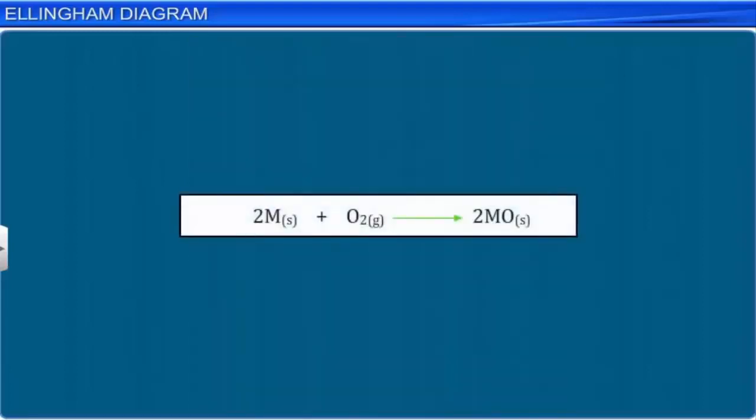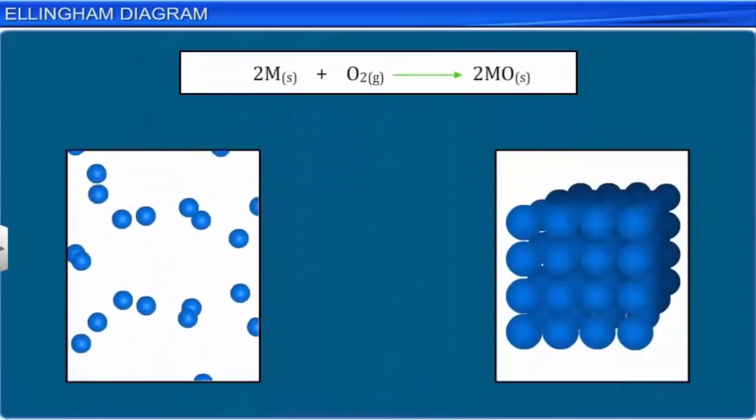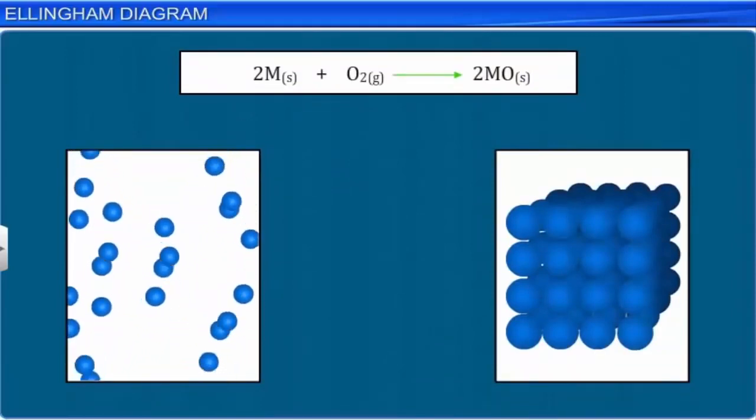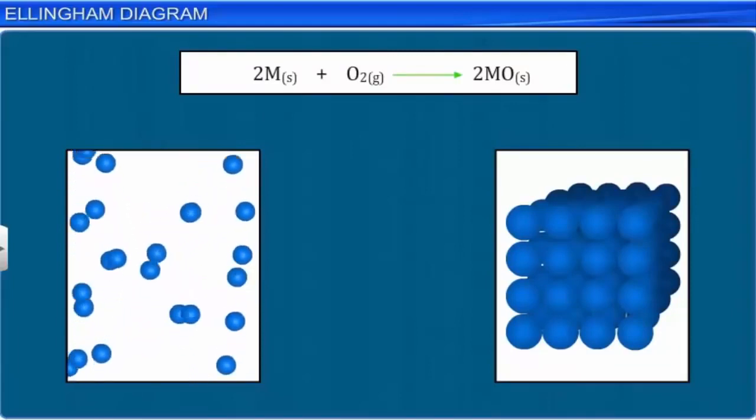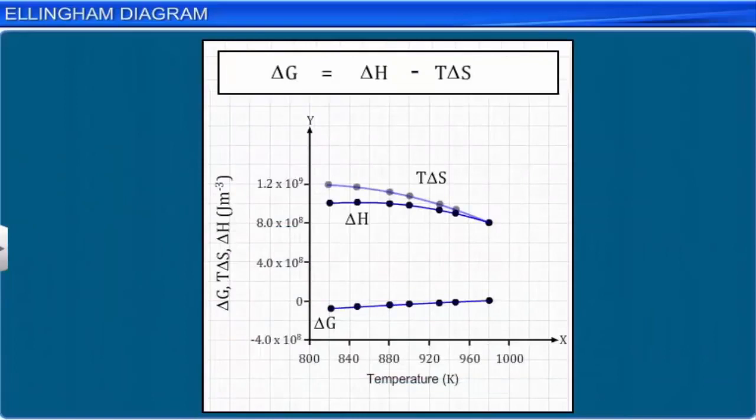Consider a reaction such as the formation of an oxide, 2M + O2 gives 2MO. In this reaction, the entropy or randomness decreases from left to right due to the consumption of gases. Hence, delta S becomes negative.